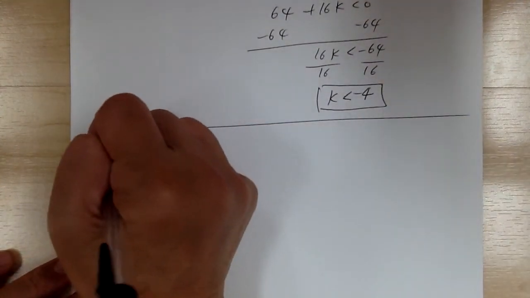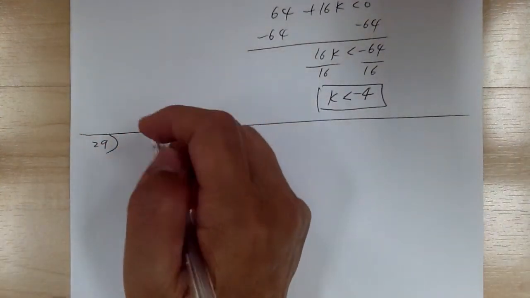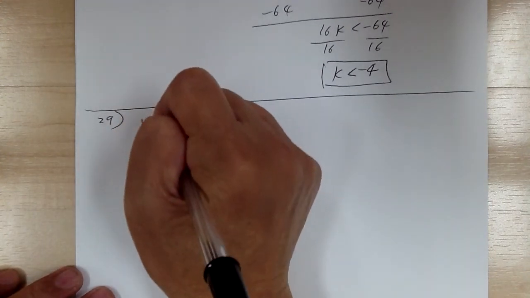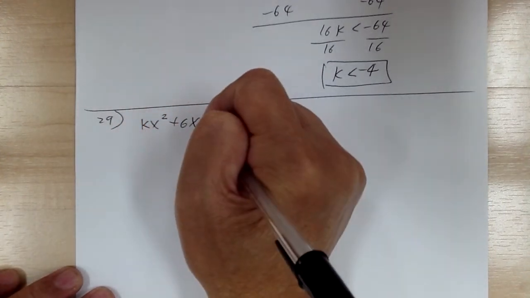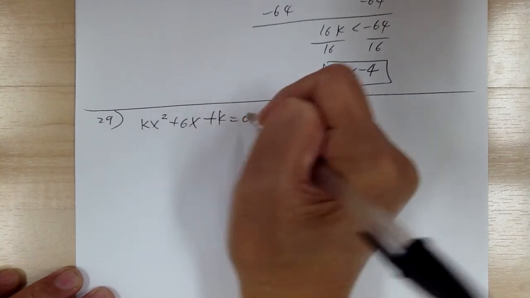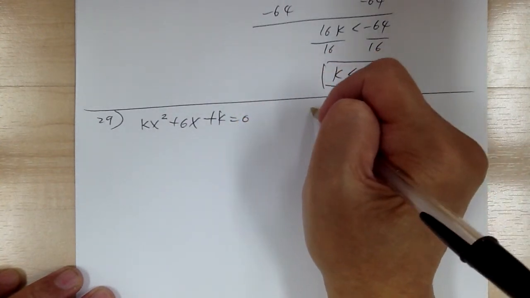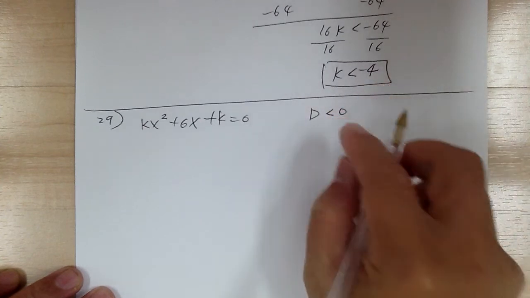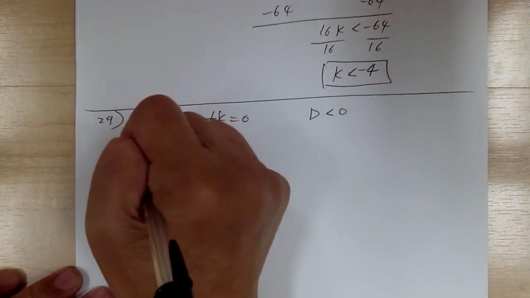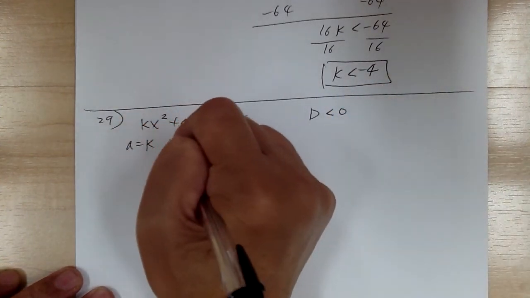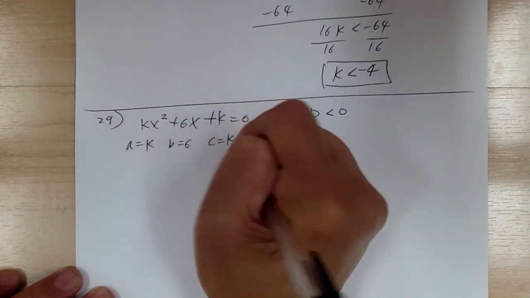Okay, 29. You have kx squared plus 6x plus k equal to 0, and roots are conjugate imaginary. So again, it's imaginary, so that means d is less than 0. Okay, so a equal to k, b equal to 6, c equal to k.